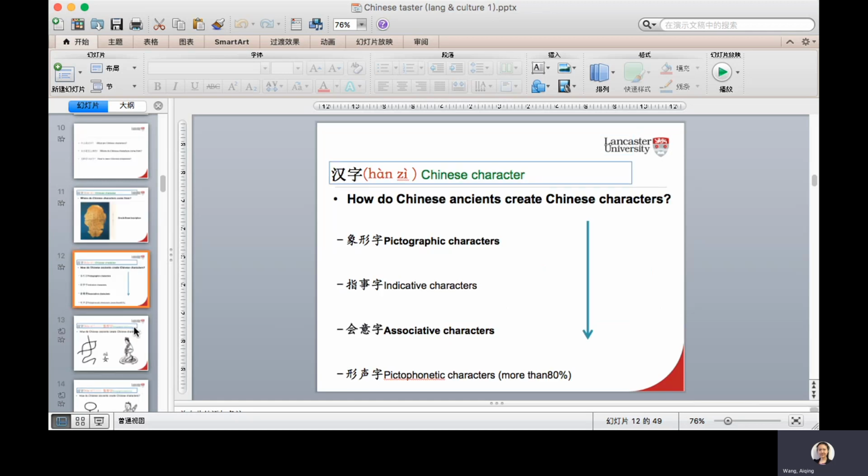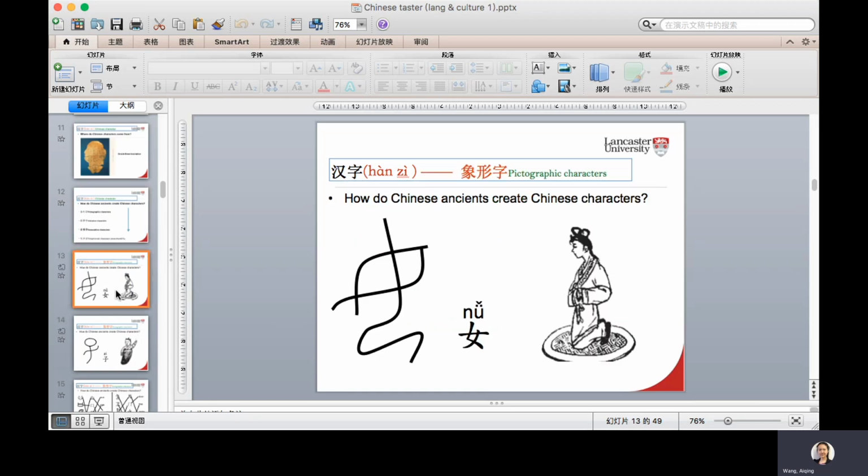Chinese characters consist of different types, for example, pictographic, indicative, associative, or pictophonetic characters. To give you an example, if you look at this character, 女, it means woman or female. That was the original image on the oracle bone, from the picture of a woman here.